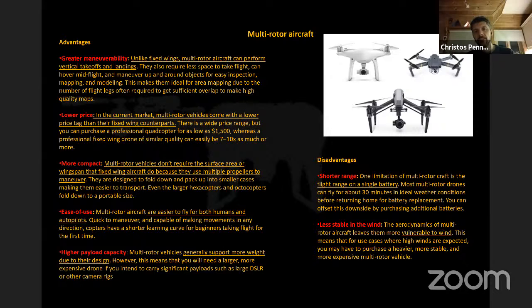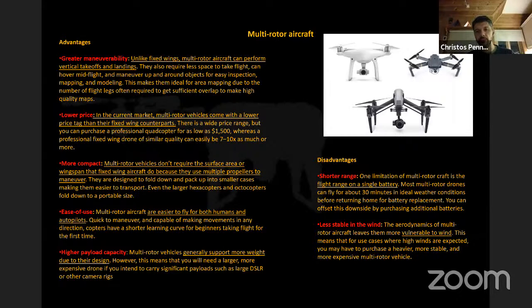The disadvantages of these drones are that they have short range. One limitation of these multi-rotor aircraft is that the flight range on a single battery is probably around 30 minutes in ideal weather conditions. And then also these drones are less stable in the wind.